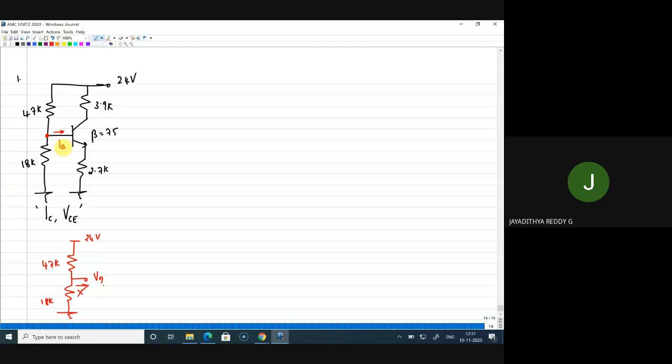Consider the potential at base as VB and write the KVL across the base-emitter, assuming silicon: VB minus 0.7. Now what is this VB? VB is the base voltage. Since there is a current, I cannot directly apply the voltage divider biasing rule. So what should I do for this?